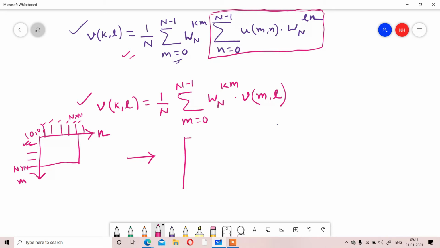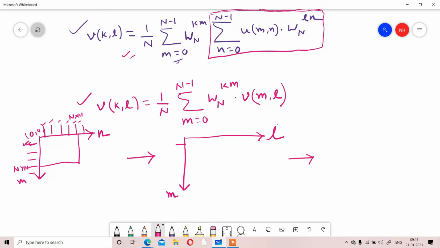So what you are getting is that all the spatial domain n is converting into frequency domain of L, keeping m in spatial domain. Okay, so that is happening first.